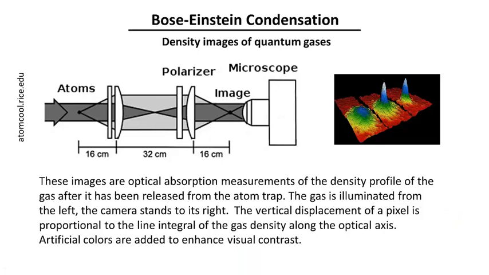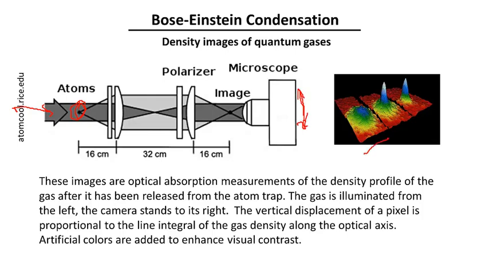Let me say something about these images that you're looking at, just to try to make them clear. It may take a while to understand their implications. These are just simple shadowgrams, you might say, of the atomic density in the expanded cloud. So there's a small cloud of atoms here. Light is incident from the left, and then it's imaged by a microscope, which can scan in the horizontal direction there, and so acquire an image of the density.